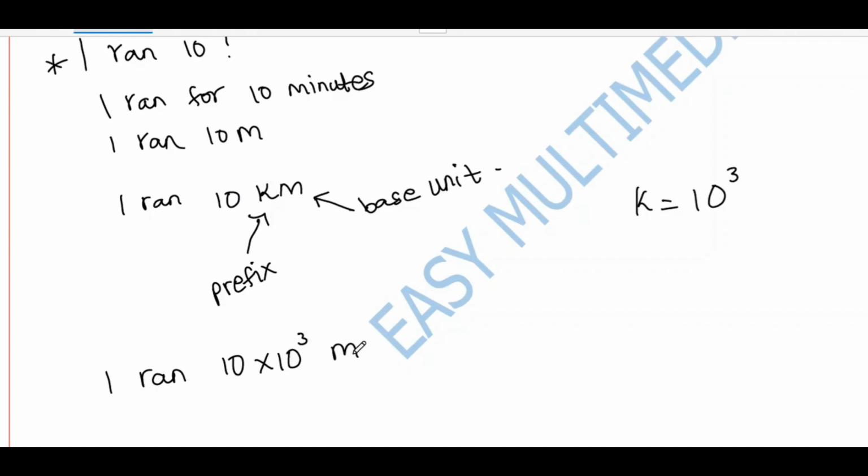Now, meters is the base unit. This was the prefix. But now we've substituted the prefix with its factor here. That's why now we have I ran 10,000 meters. And we all know that 10,000 meters is equivalent to 10 kilometers.